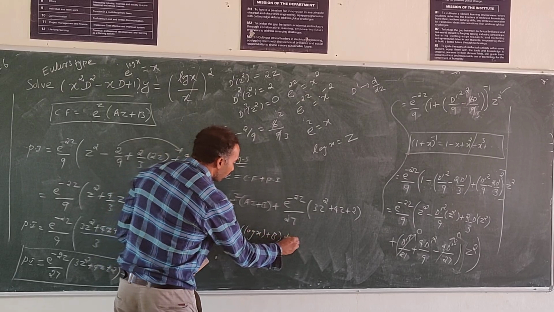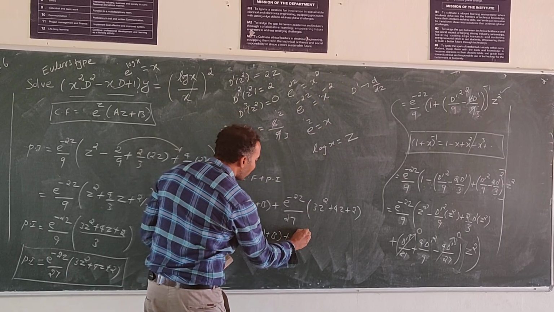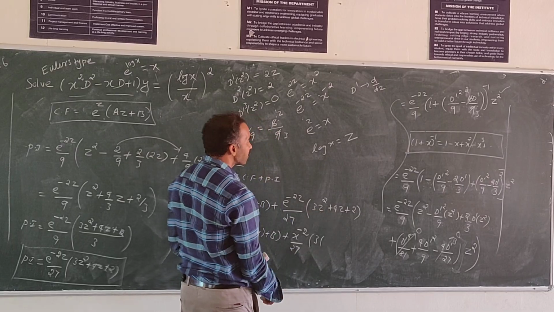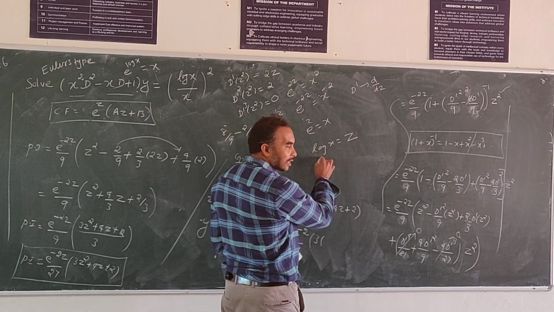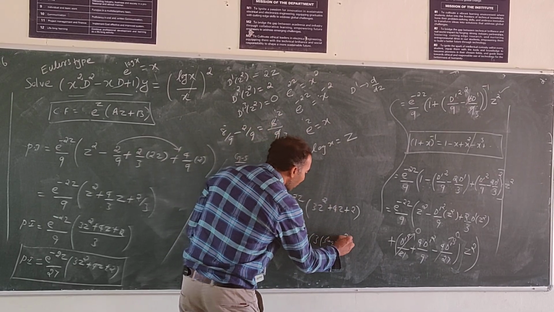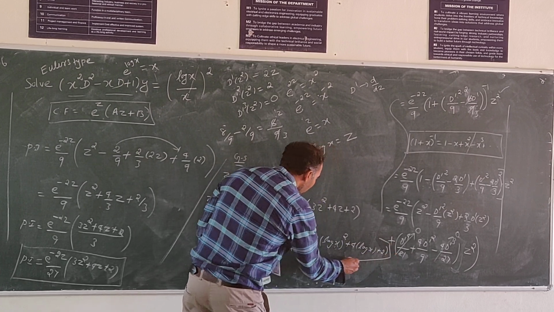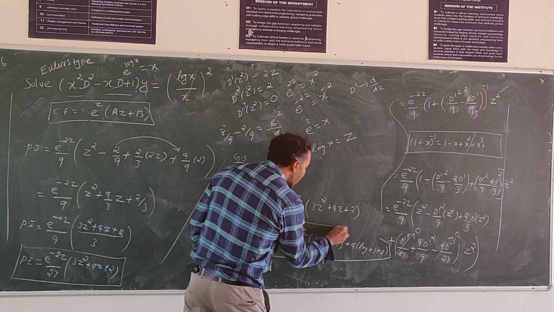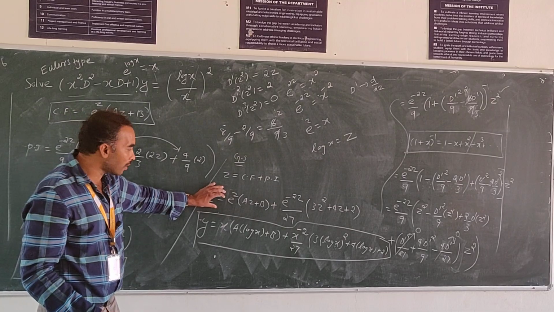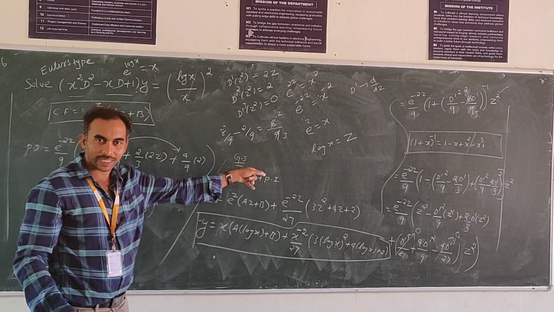Plus b, plus what about e power minus 2z? x power minus 2 divided by 27, 3 into, what about z square? z equals log x. Instead of z, what do we substitute? log x. So (log x) whole square plus 4 into log x plus 2. So this is the general solution. After finding the general solution, we have to convert that into x using the substitution method. Already I taught this in the previous class.